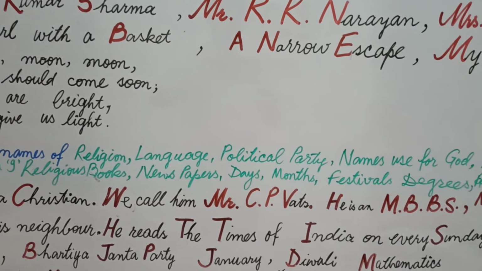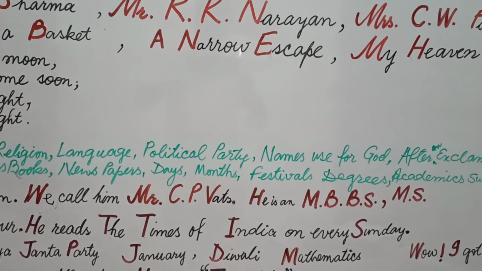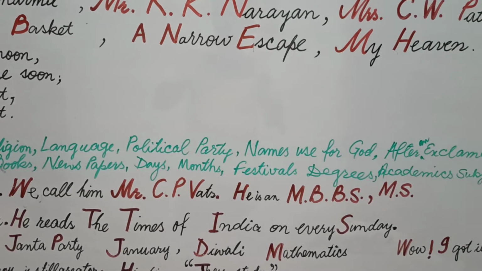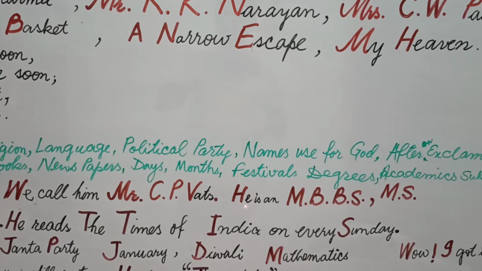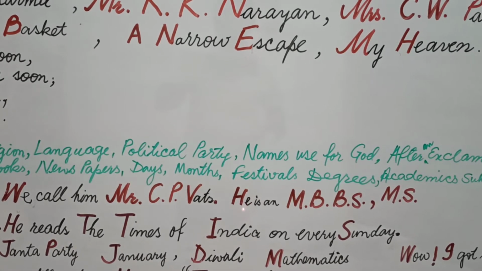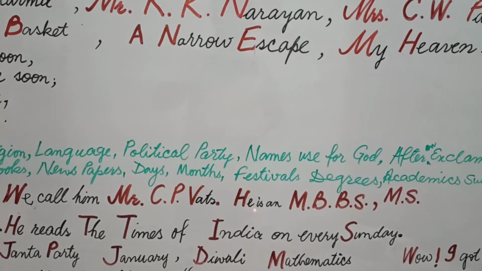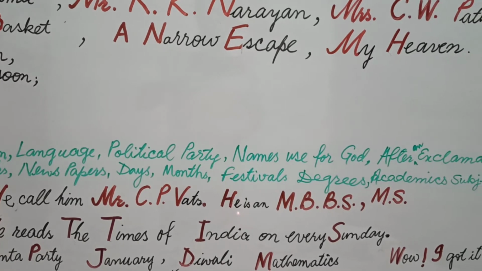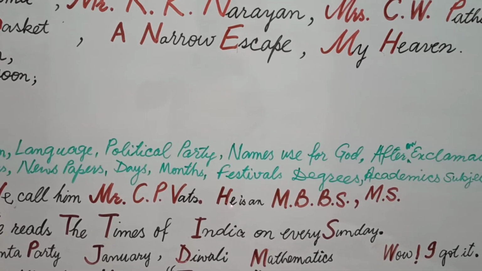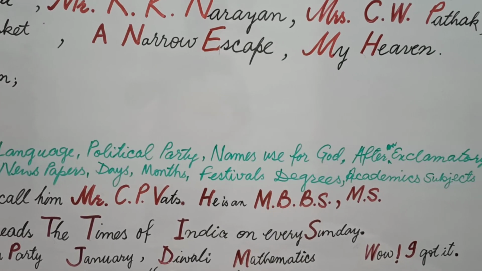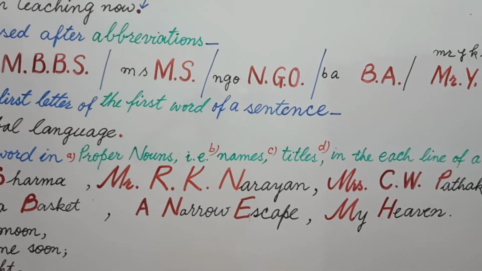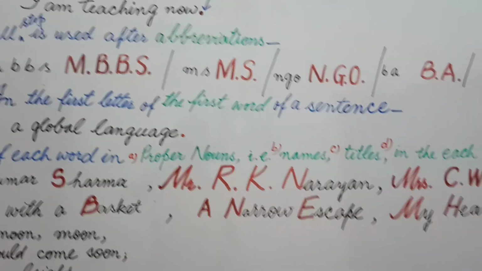Now students, we are studying the combination of full stop and capital letters. He is an M.B.B.S., M.S. Students, H is capital because it is the word at the beginning of the sentence, that's why H is used in capital form, and M.B.B.S., because you came to know in the beginning of this lecture why I use capital letters here.